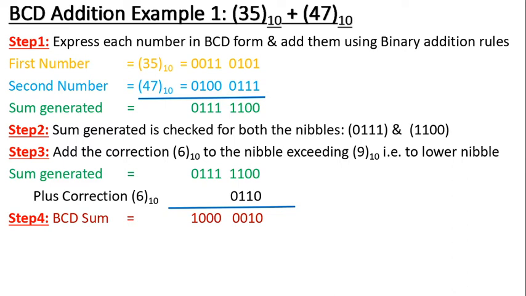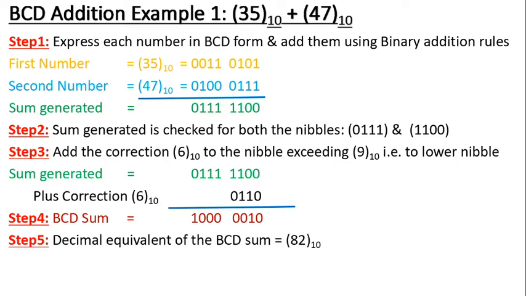Now out of the two nibbles here, both are well below 9, which means the operation of BCD addition is over. And then the last step, step number 5, is the decimal equivalent of the BCD sum obtained in step number 4. That is equal to 82 decimal. So this way BCD addition example number 1 is over.